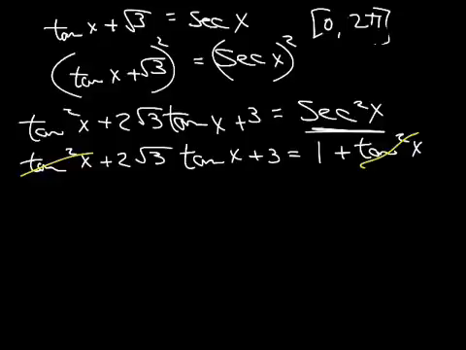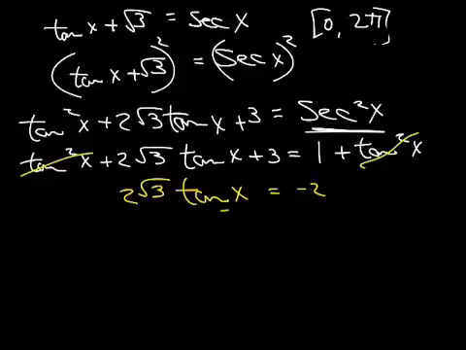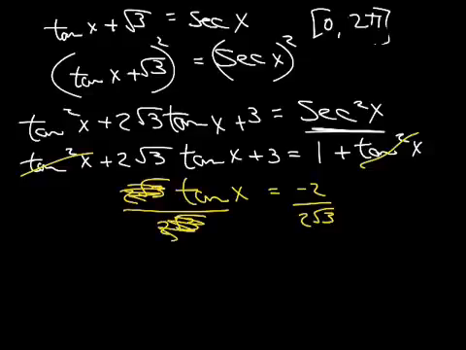So I've got, let's see, 2 square root of 3 tangent x. Let's get the 3 over on the other side, which is just going to give me a negative 2. Then I can divide both sides by 2 square root of 3. This is why you learned all that algebra years ago.